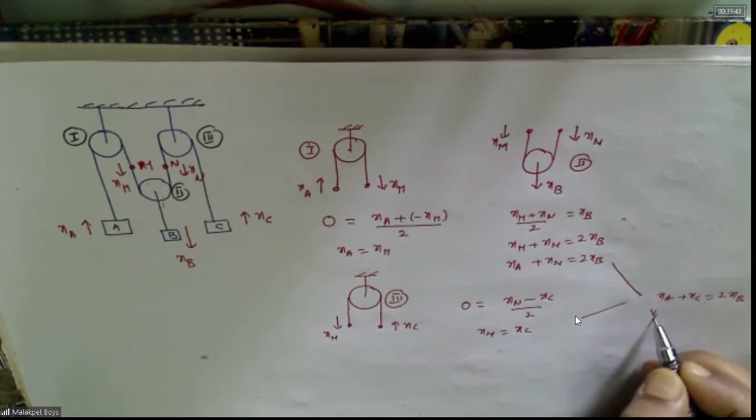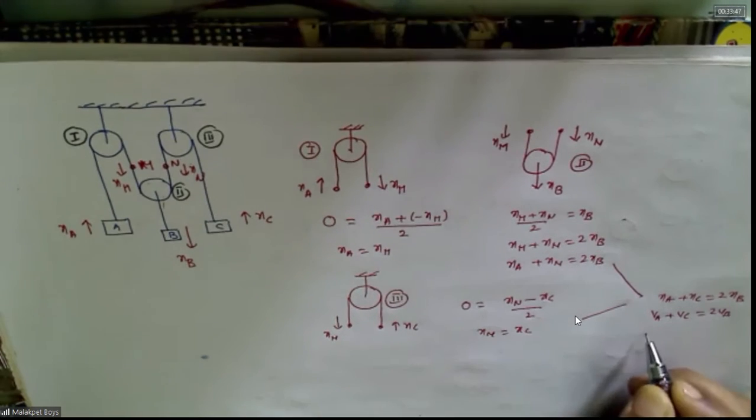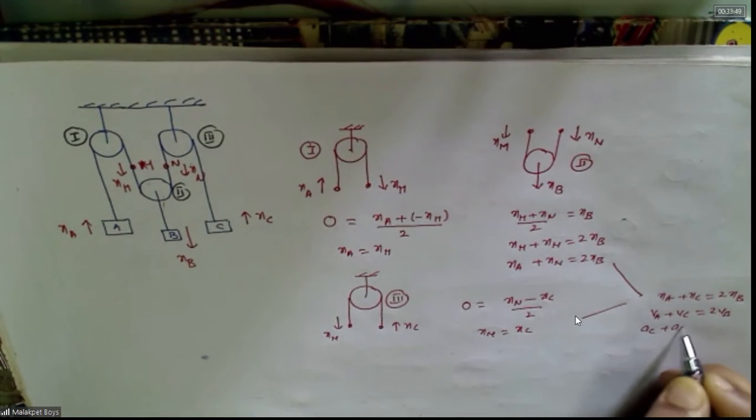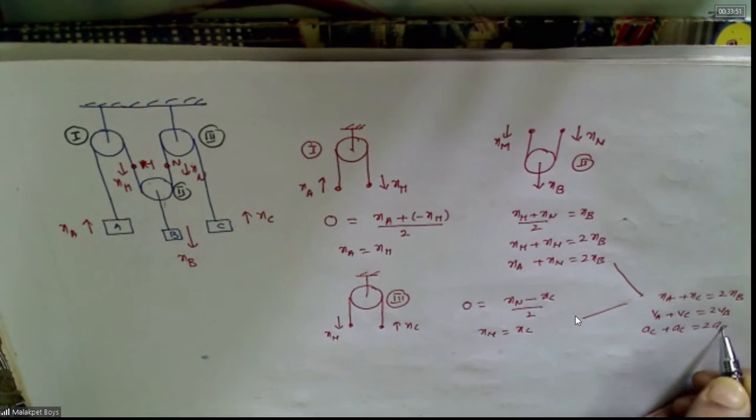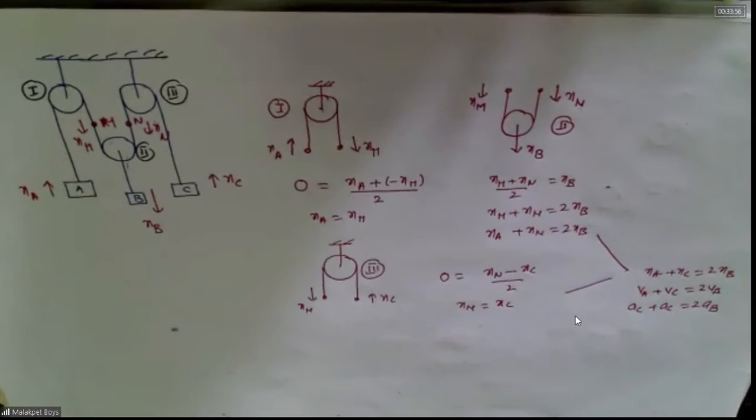If you differentiate this, again differentiate this. Any doubt till here? Sir, in the first one, XA is going upwards, sir, but you took XM negative. XM, this one.